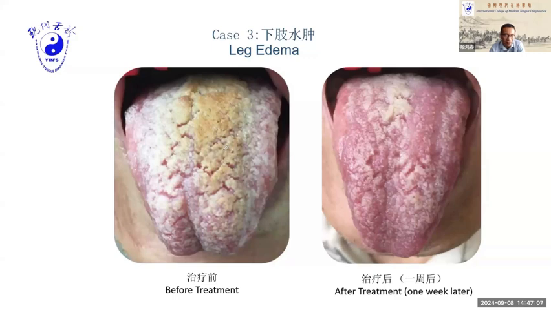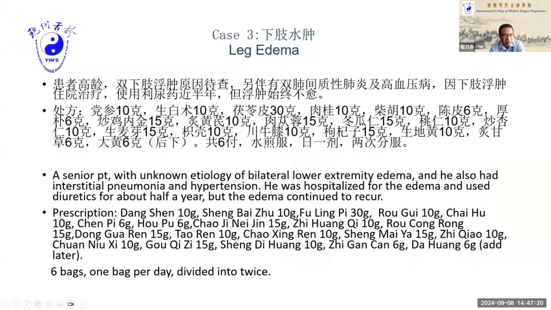This is also a distance patient who lives in China. She is a senior patient, 90 years old, with bilateral lower extremity edema of unknown etiology, and he also had interstitial pneumonia and hypertension.